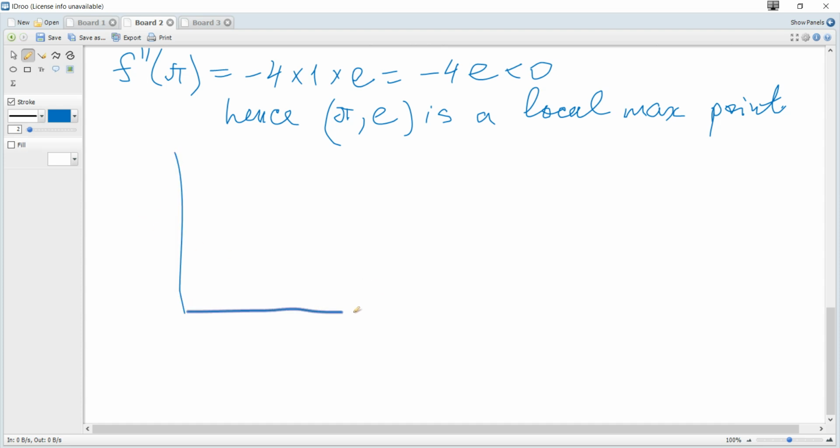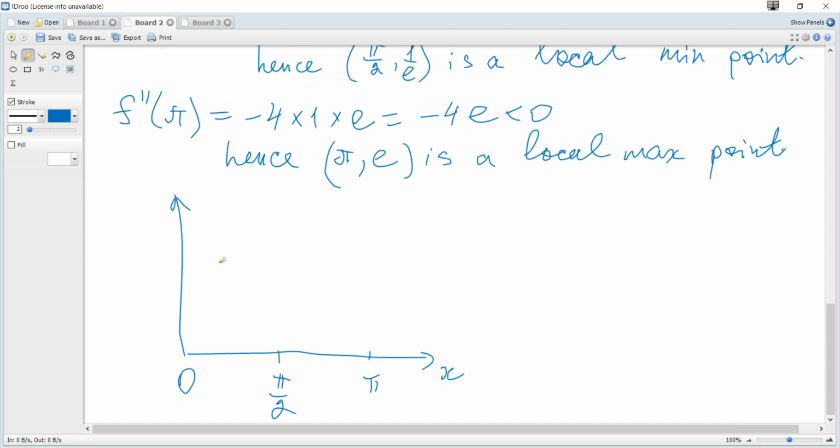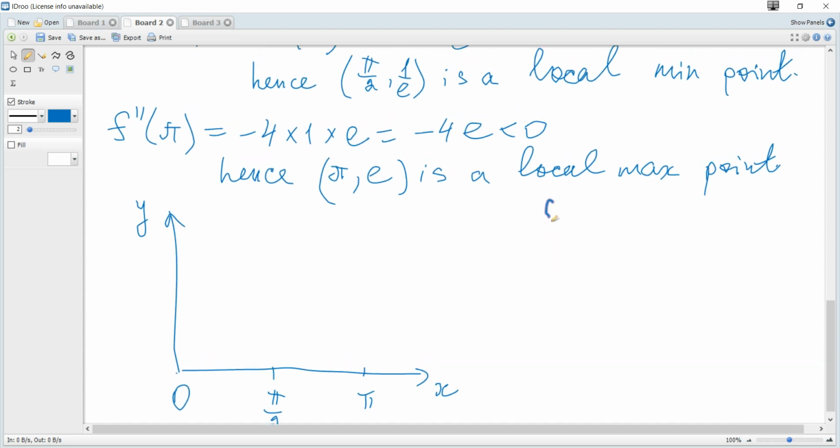So we need from 0 to pi. And actually we can calculate values of the function at end points. The function f(x) is e to the power of cosine of 2x, and the function at 0 becomes just e.